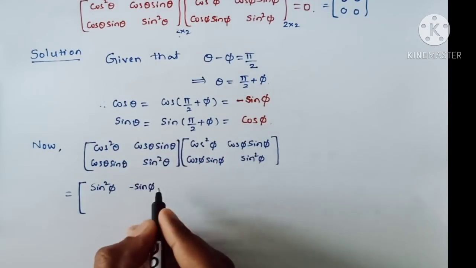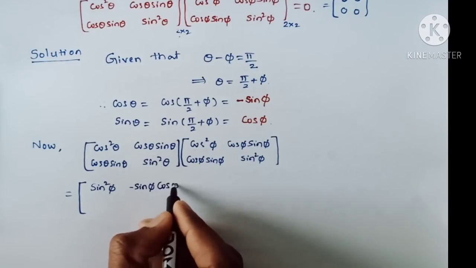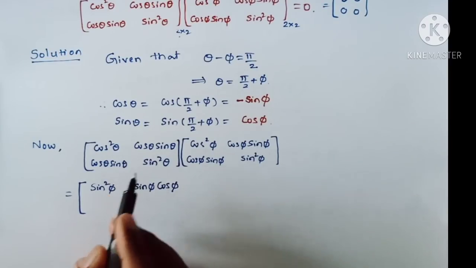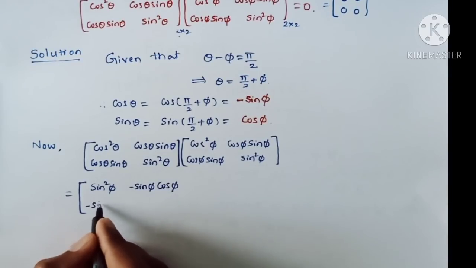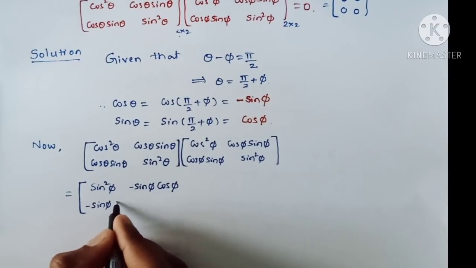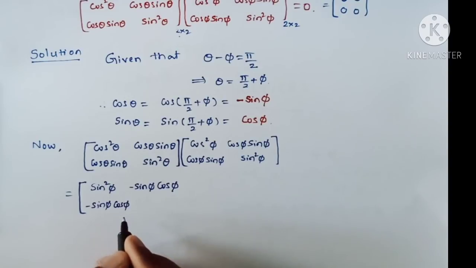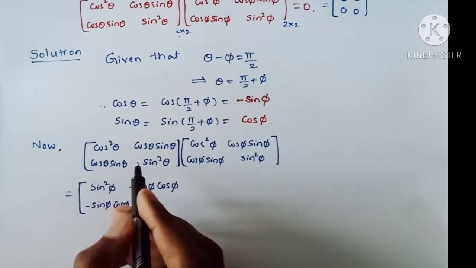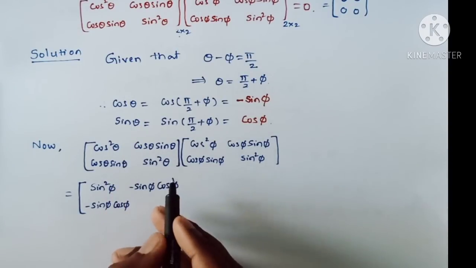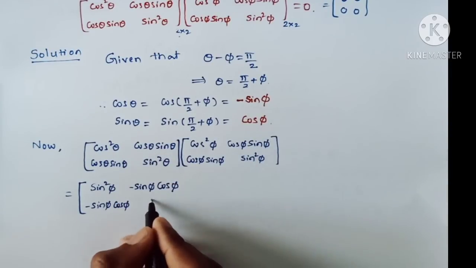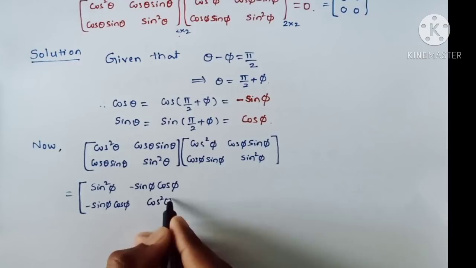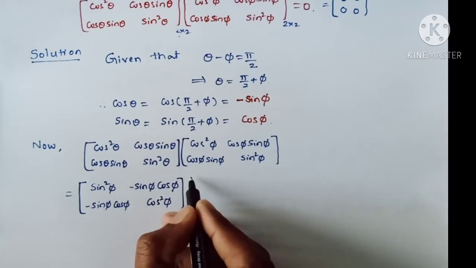Sin theta is cos phi, and cos theta is again minus sin phi into cos phi, and sin square theta is cos square phi.